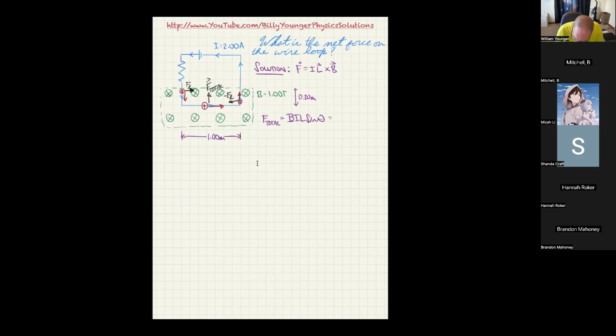So this is going to be 1.00 Tesla times 2.00 amps times 1.00 meters times the sine of 90 degrees. And I think you can see that that just works out to be 2.00 newtons upward.